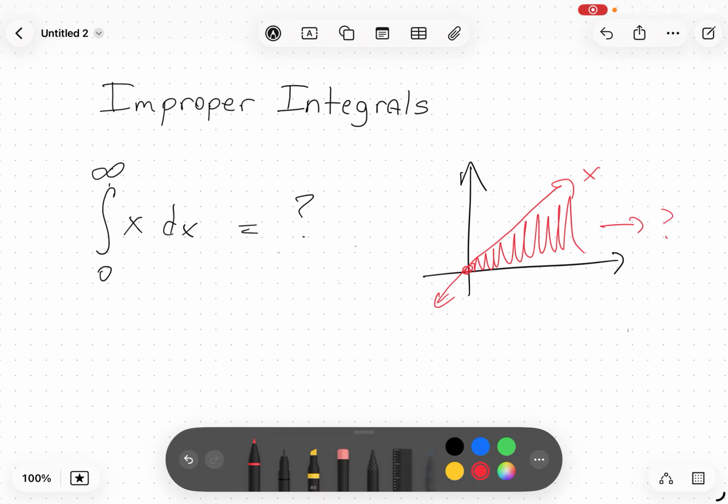And the question is, how much area is there? There's an infinite amount of area. So whenever there's an infinite amount of area, we say that the integral diverges. I'm going to show you what that means analytically, working it out by hand instead of graphically, okay?